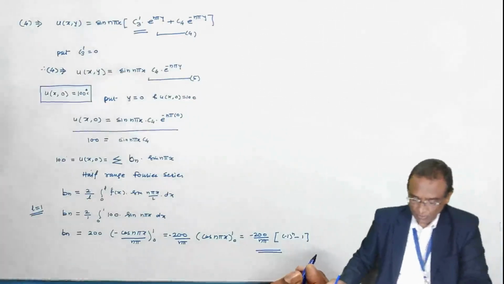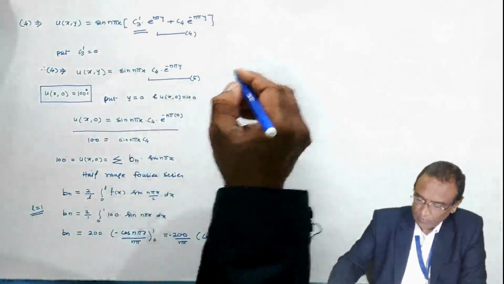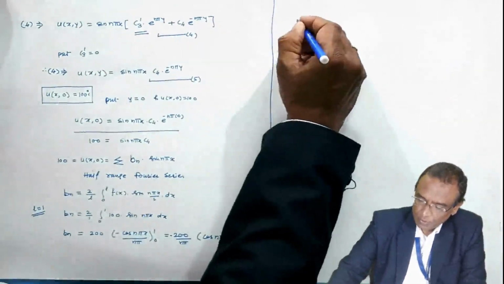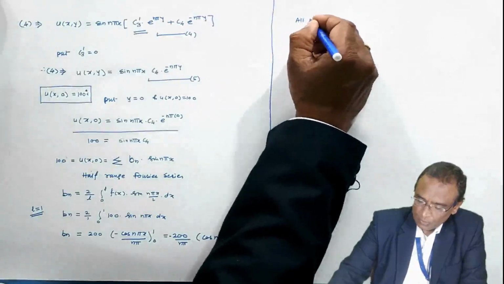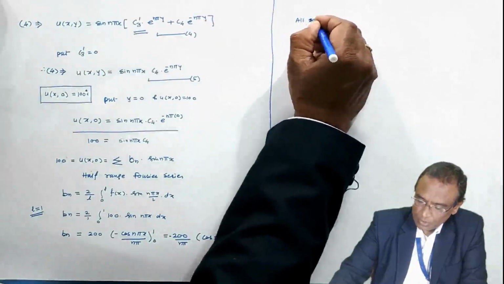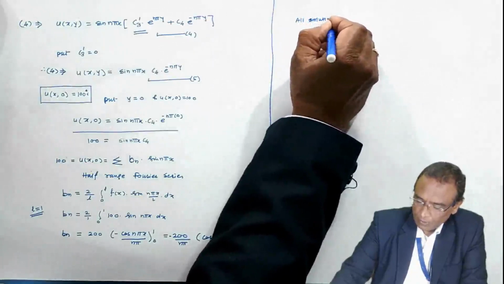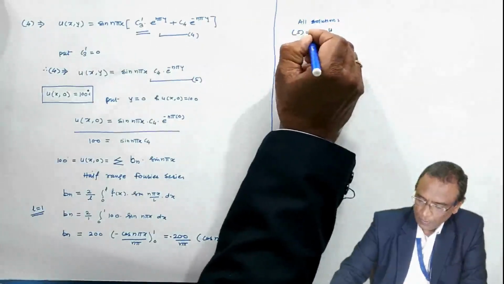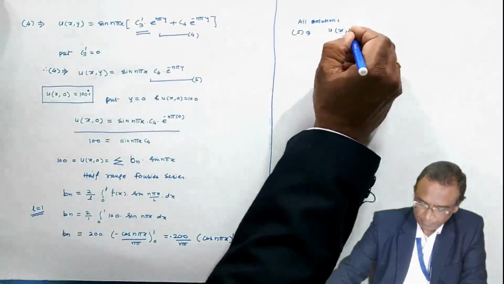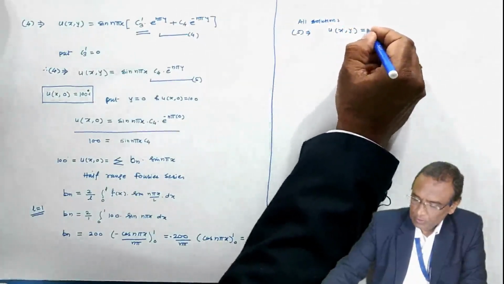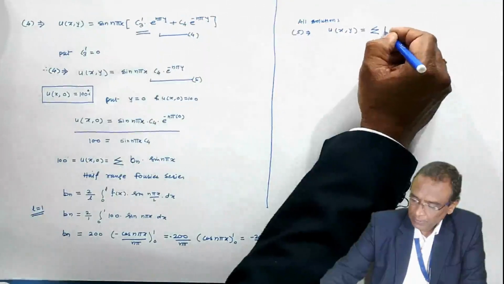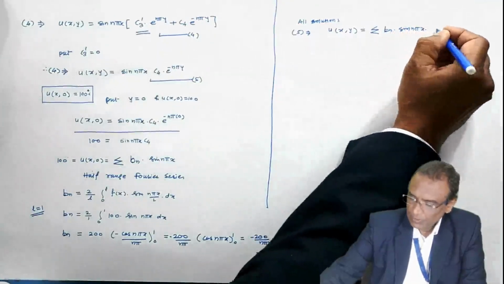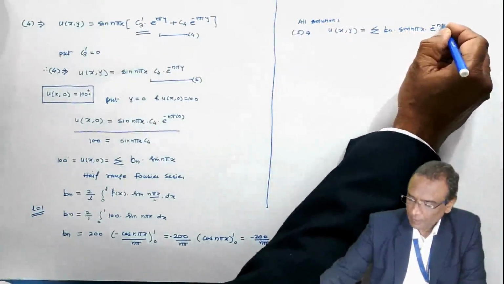Now substitute the value of Bn in equation 5. All the equations I am writing. In this way, u of x,y is, from 5, u of x,y equals summation Bn sin n pi x e to the power minus n pi y.